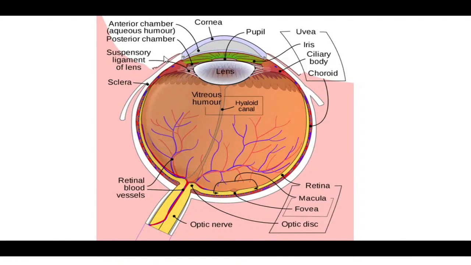And we also have seen the suspensory ligament of lens. This is a tendon of the ciliary tendon. And we also have seen the anterior chamber, filled by aqueous humor, and the posterior chamber, also very good visible, more expanded cornea with 5 layers inside.